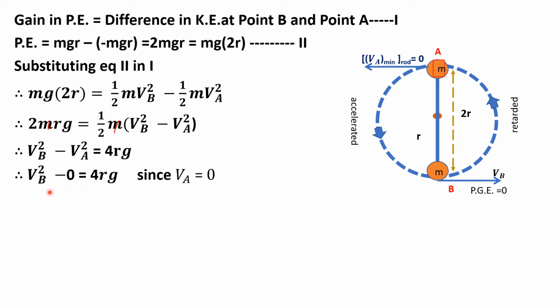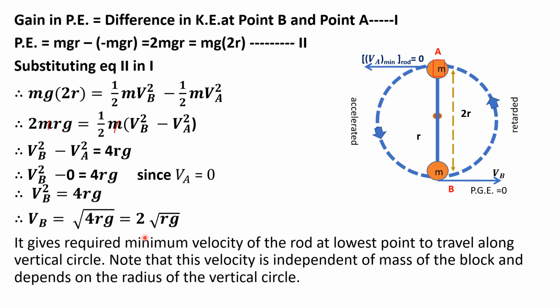We can write Vb square minus 0 is equal to 4rg. Then rearranging, we get Vb square is equal to 4rg. So Vb is equal to square root of 4rg. Take the square root of 4, that is 2. So Vb is equal to 2 square root of rg.